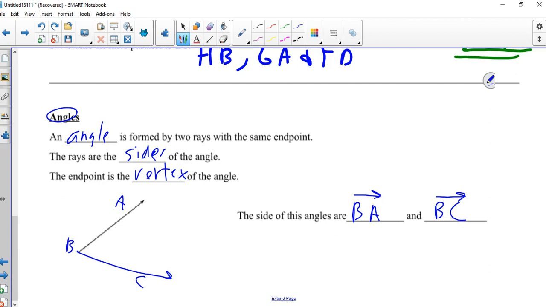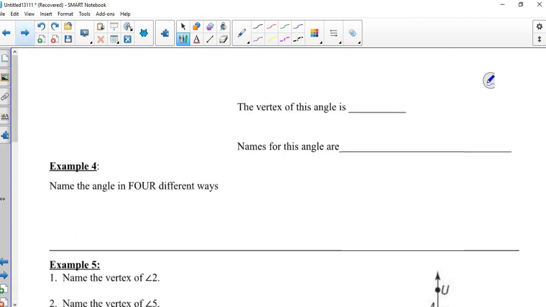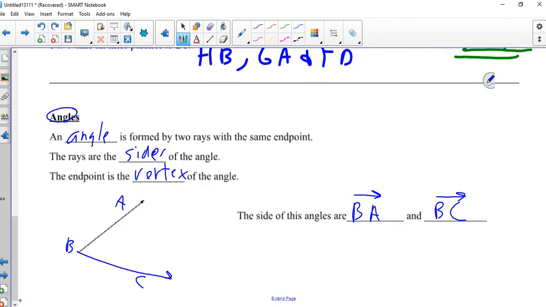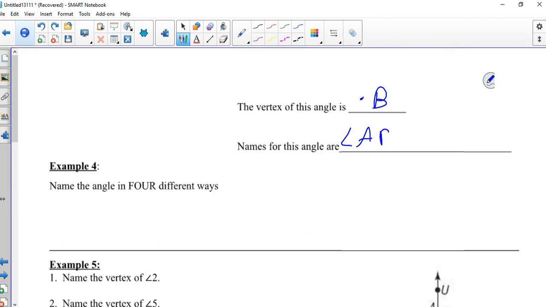The vertex of this angle is point B, and the names for this angle are either angle ABC, angle CBA, or just simply angle B. We can name it by the vertex.